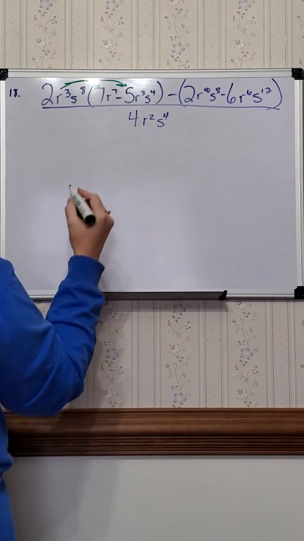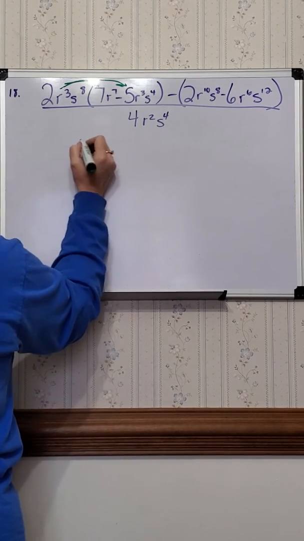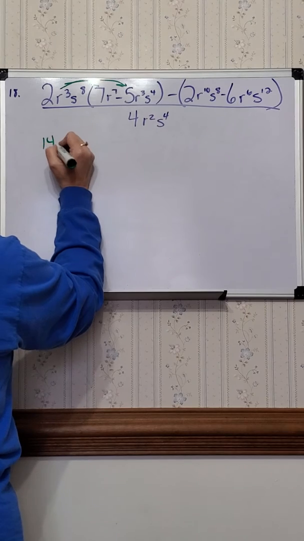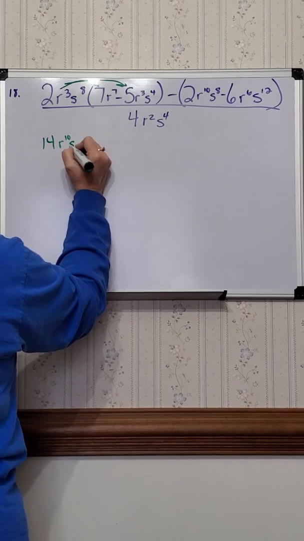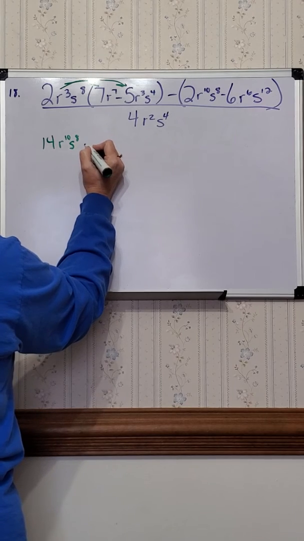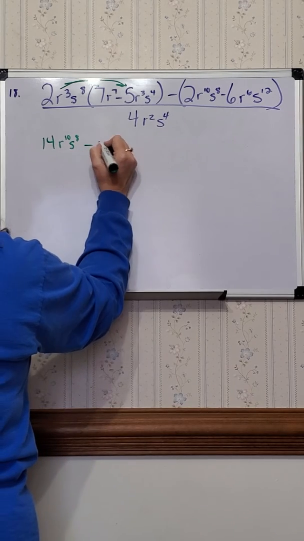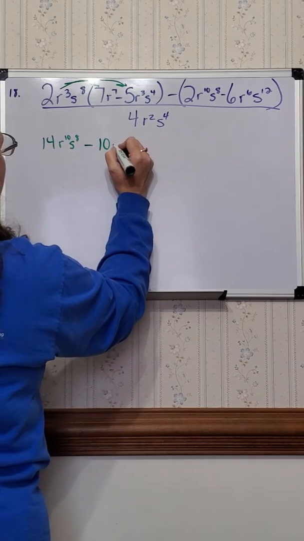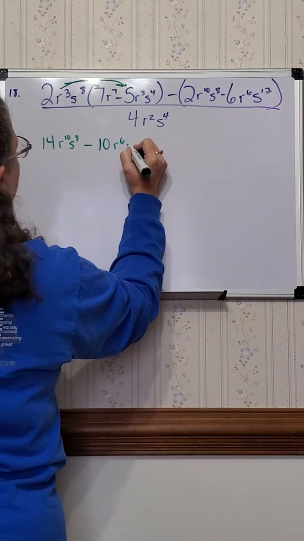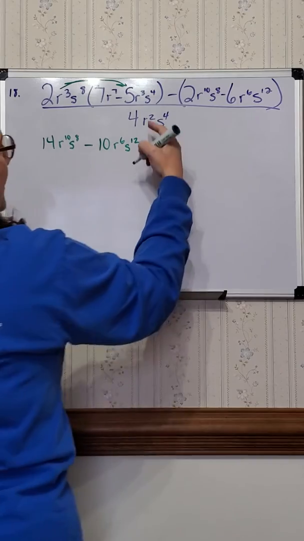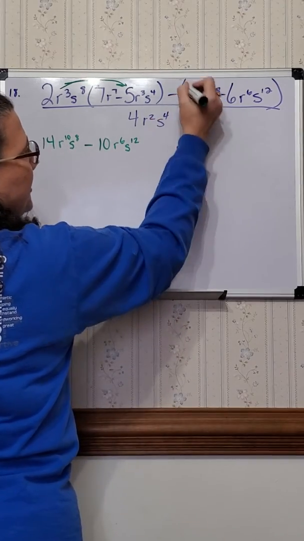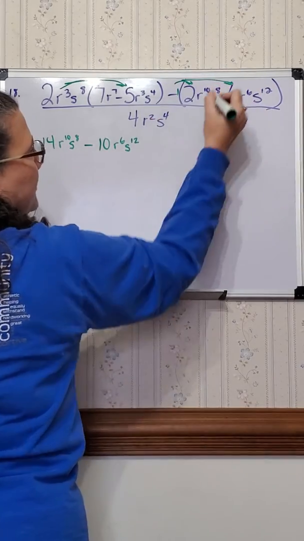That is going to give us 14r to the 10th s to the 8th minus 10r to the 6th s to the 12th. Now, here, remember this is like you're distributing a negative 1. So I'm going to go ahead and do that.